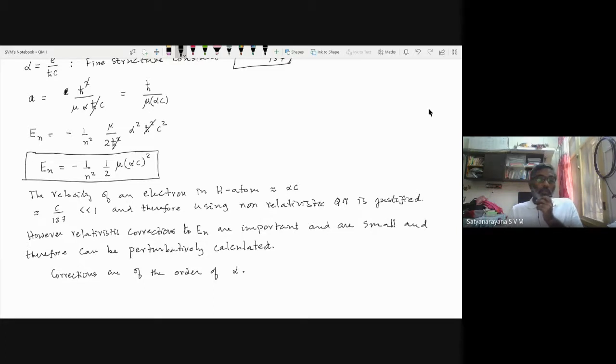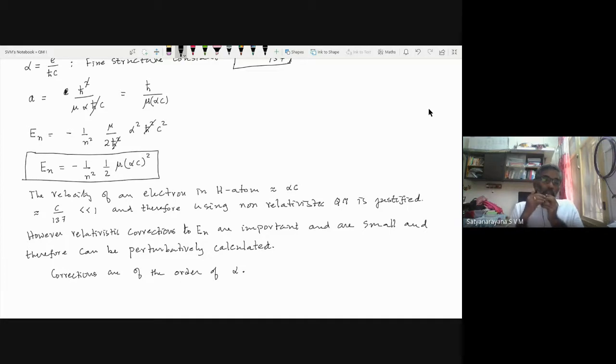That means if you include relativistic correction, then there will be a change in the energy value in the second decimal place, because 1 by 137 is roughly 1 by 100, so it is like 0.01. So your corrections will come in the second decimal place.